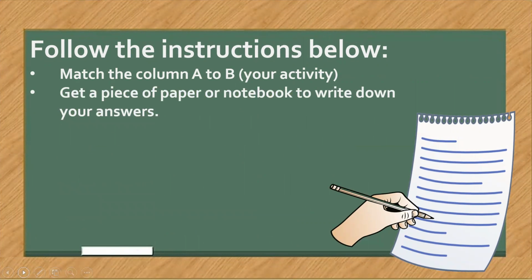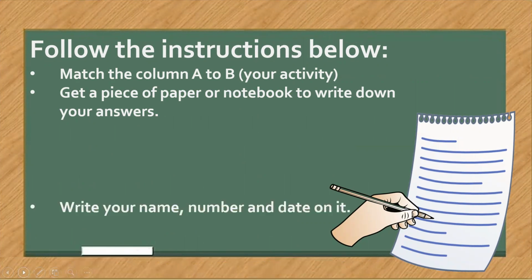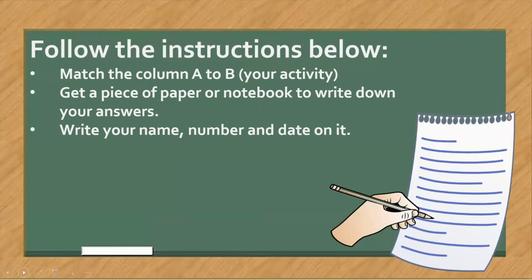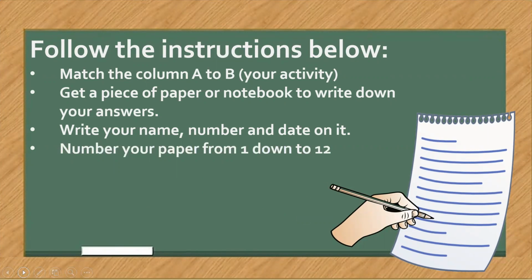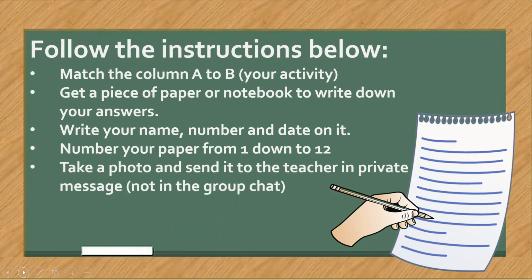Get a piece of paper or notebook to write down your answers. Write your name, number, and date on it. Number your paper from 1 down to 12. Take a photo and send it to the teacher in private message, not in the group chat.